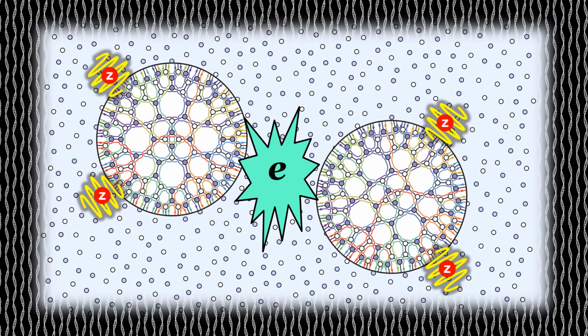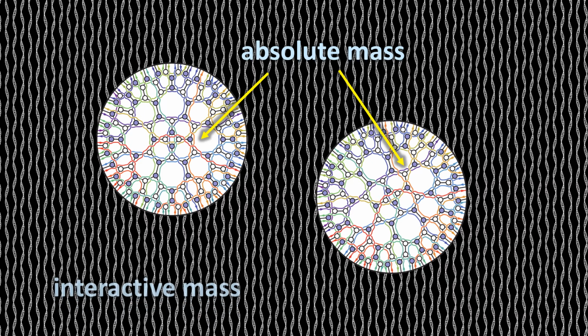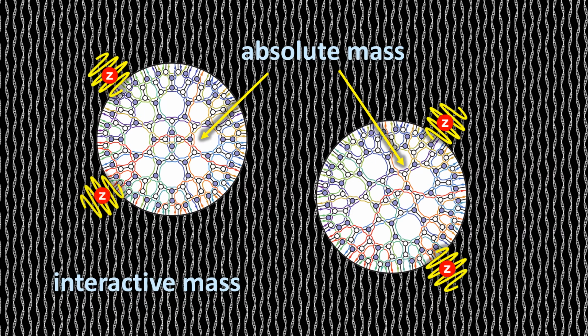And so these electronic crystals, in fact all leptons and quarks, end up with their tiny allocation of 2 very different types of mass. 1, an absolute mass from the number of their internal ultimatons, and 2, an interactive mass from their interaction with primordial zilch. This distinction between 2 very different types of mass has surprising implications for black holes and for galaxies, as we'll see in the next 2 sections.